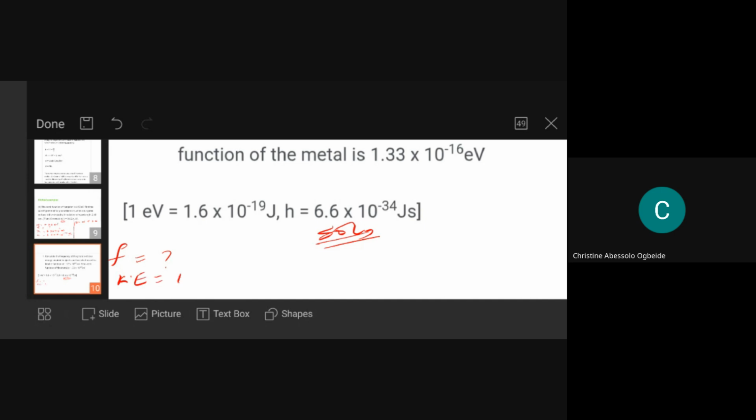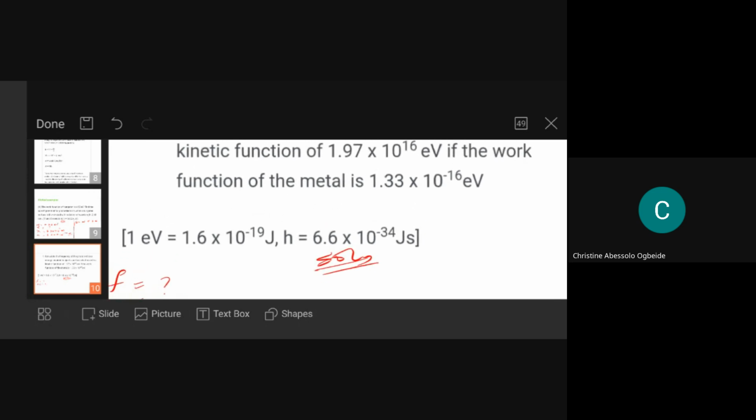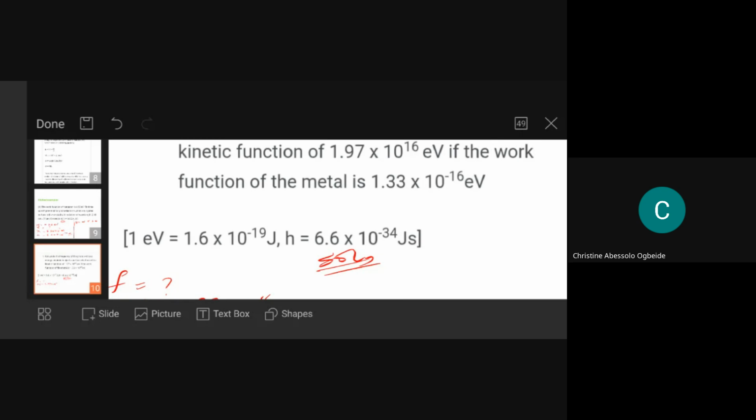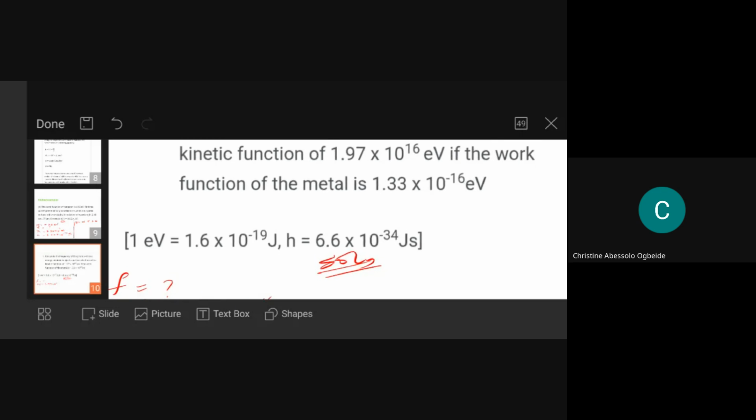KE is 1.97 times 10 raised to the power 16 electron volts.